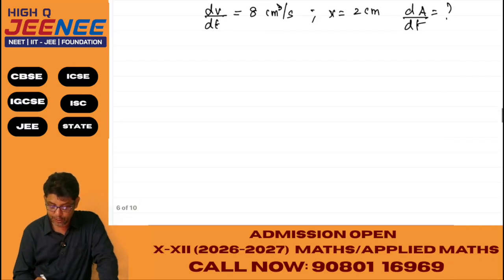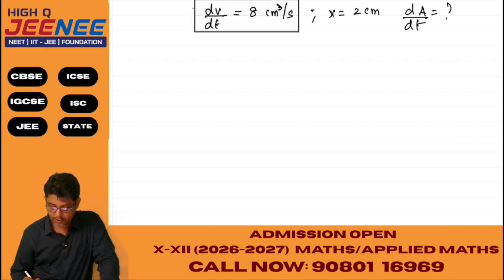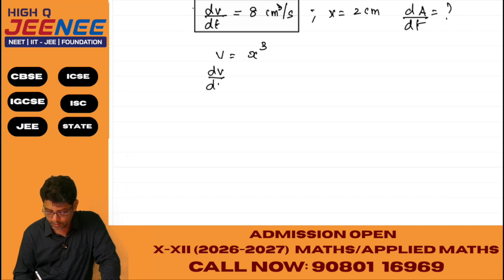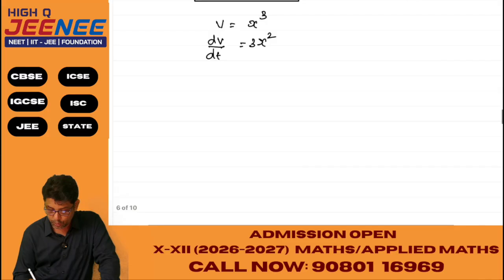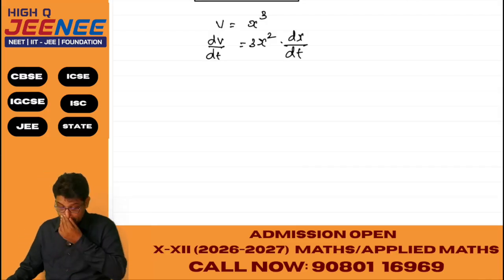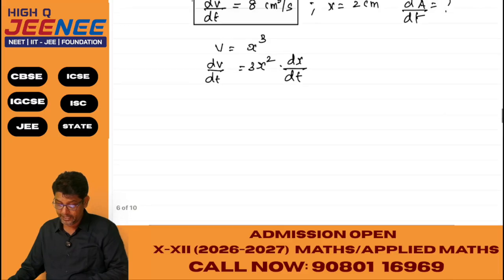Now first, let us use the given information. So first, V is equal to, what is the volume of cube? x cube. So dV by dt is equal to what? 3x square into dx by dt. This is the most important thing, my dear. Okay. So dV by dt is equal to 3x square into dx by dt.